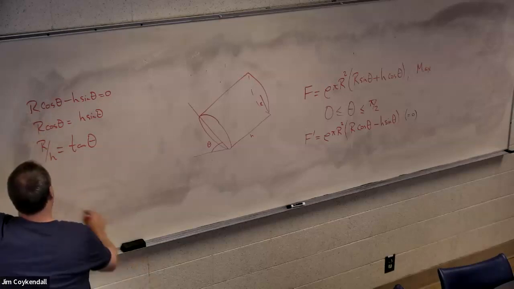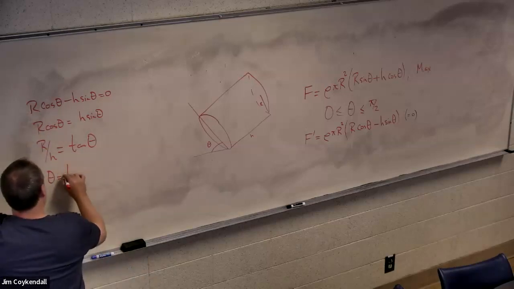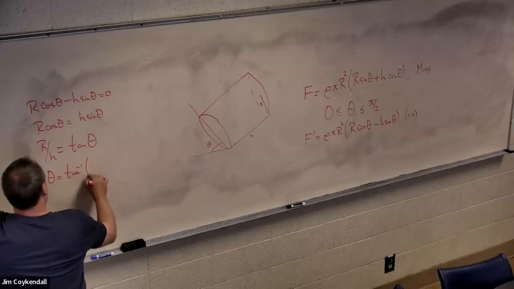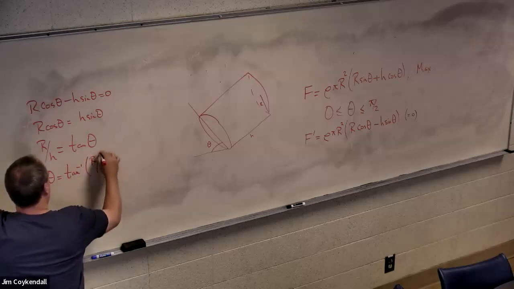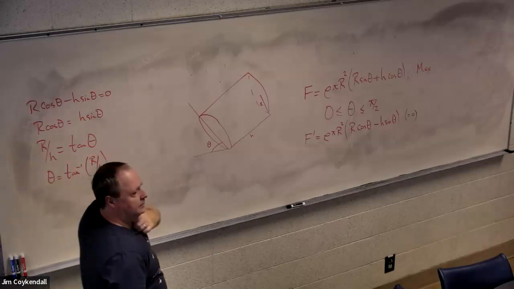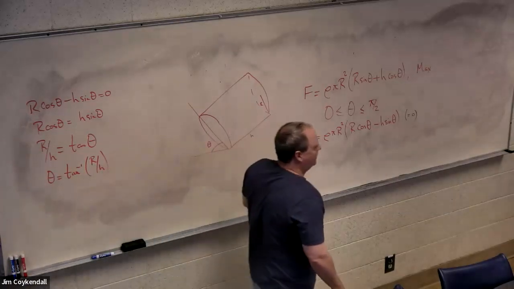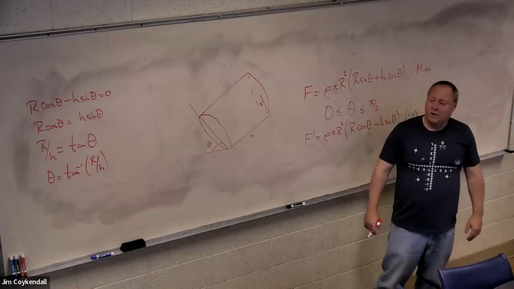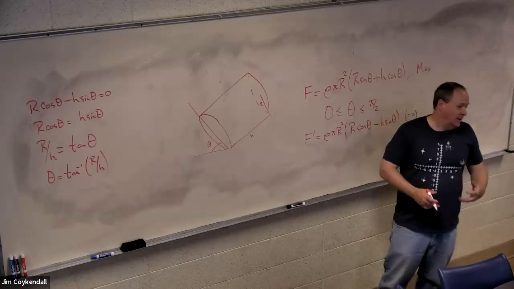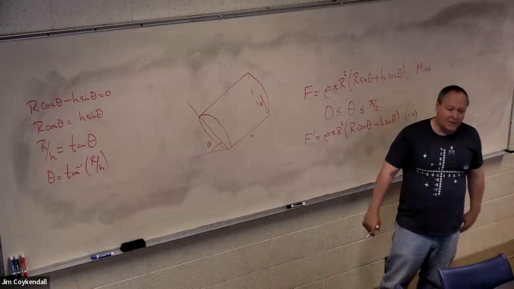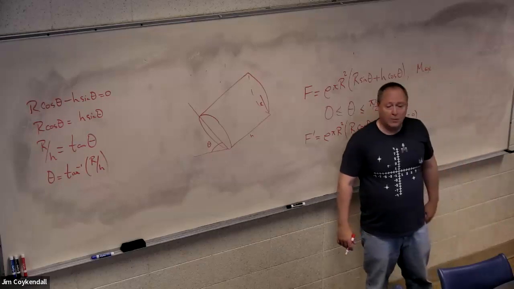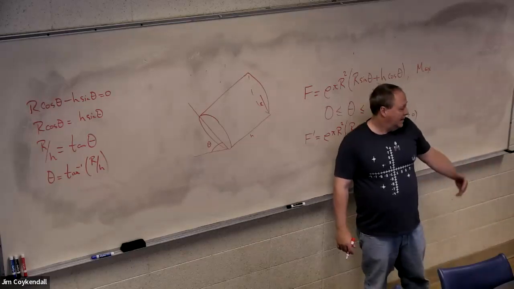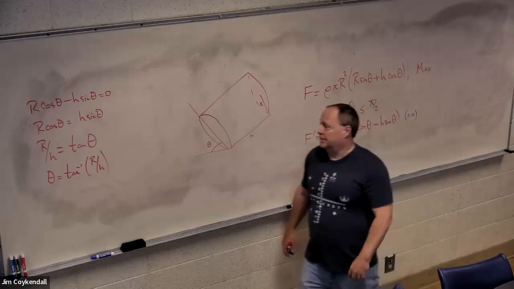So there's my critical number. If we take the inverse tangent of r over h, now of course r and h are both positive constants, so r over h is just some number. Put it in your calculator, take the inverse tangent. That's going to give you an angle between 0 and pi over 2. Right? There it is. That's your critical number.